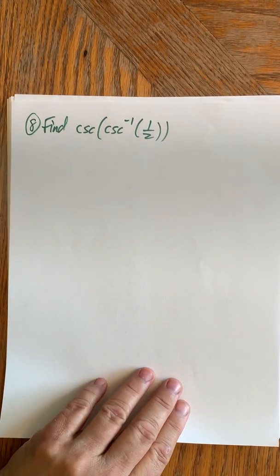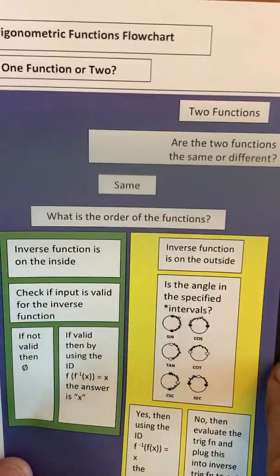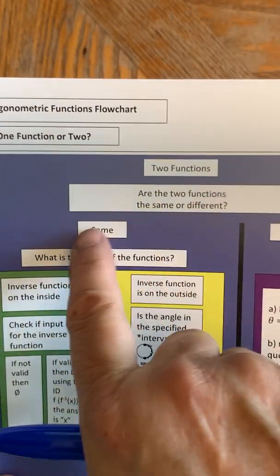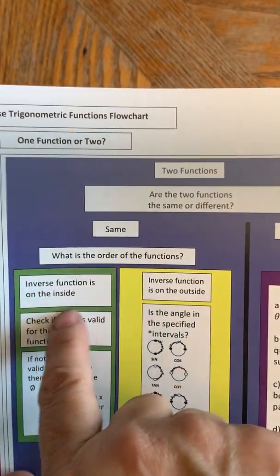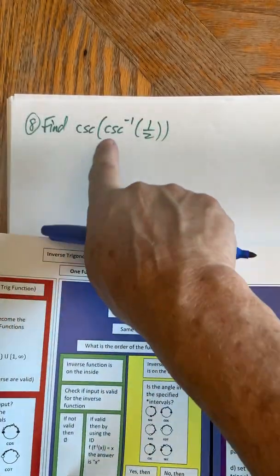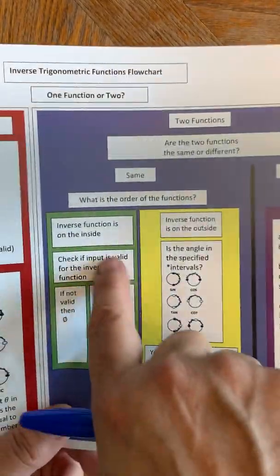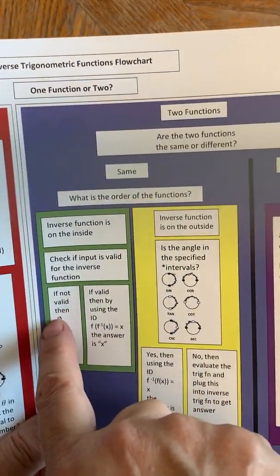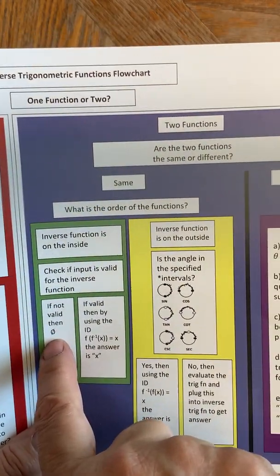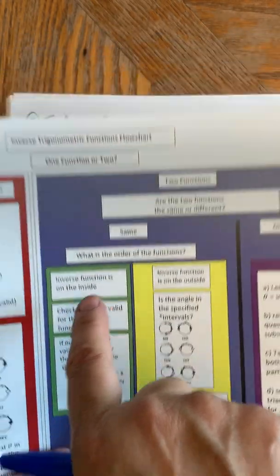Number 8. So 8 is going to be similar to 7 with slightly different numbers. Actually, no, but they are switched. Sorry about that. So these are two functions, same functions, but in this case, the inverse is on the inside, right? So the first thing I have to do is check to see if it's valid. Is a half valid as an input for cosecant?